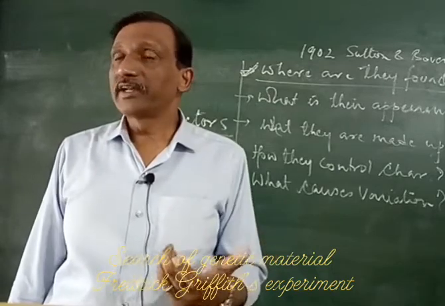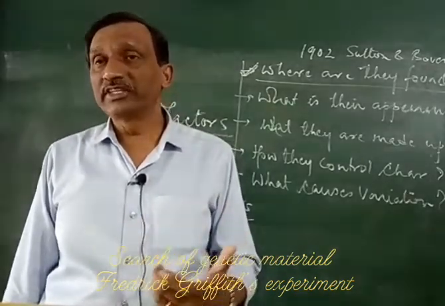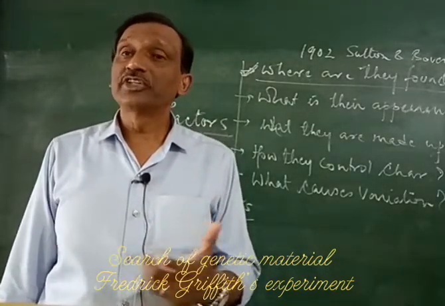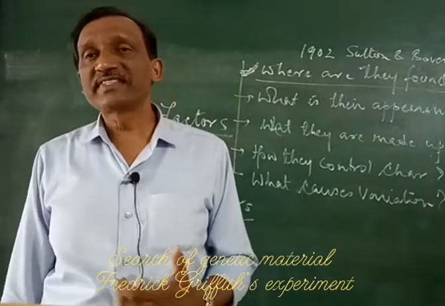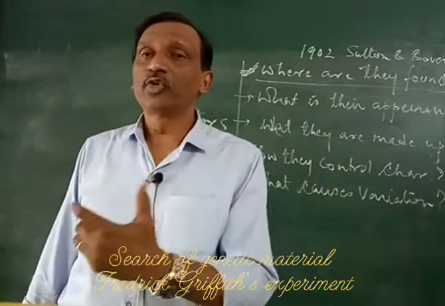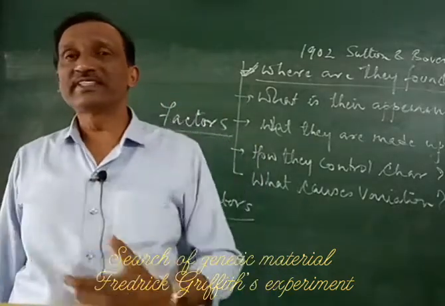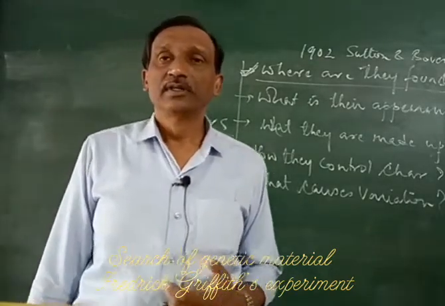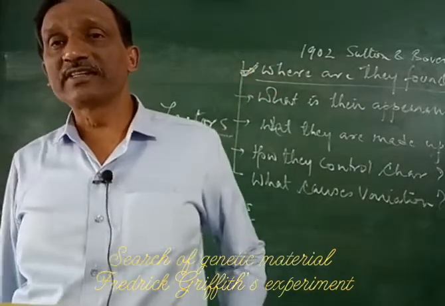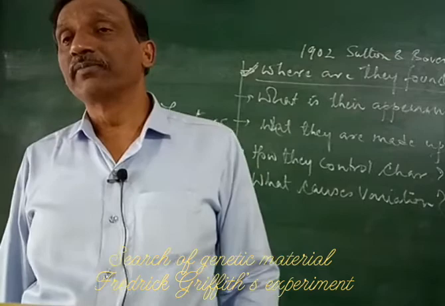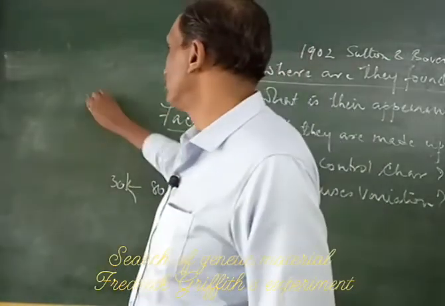Like in a class, suppose 30 children are there, all 30 children should have separate names. If all of them have the same name, then you cannot control a child. Suppose all 30 children in a class have the same name, Krish.